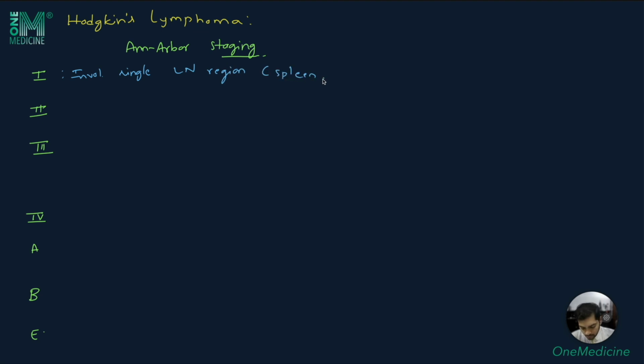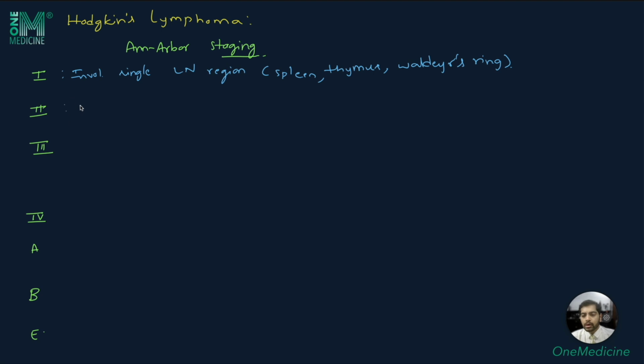The Ann Arbor staging system has stage 1, stage 2, stage 3, stage 4, stage A, stage B, and stage E. Stage 1 is involvement of single lymph node or single lymph node region. Examples include spleen, thymus, Waldeyer's ring.